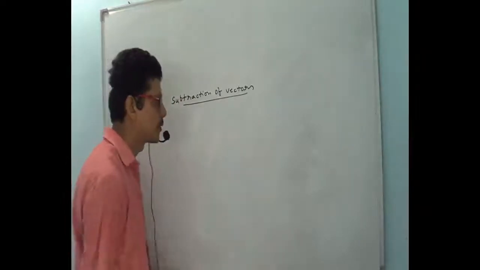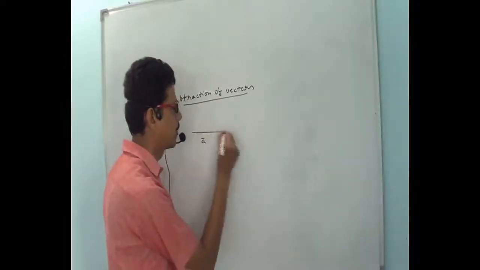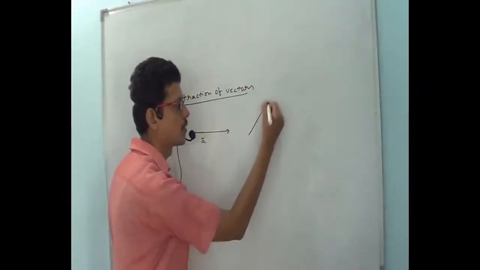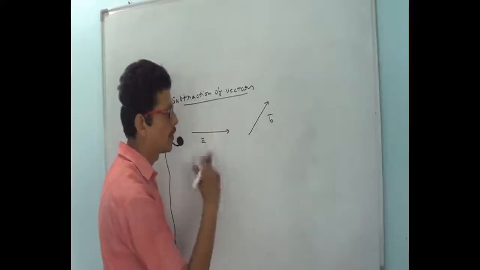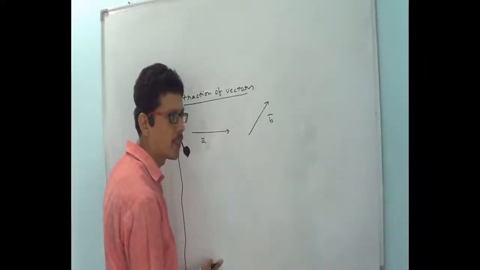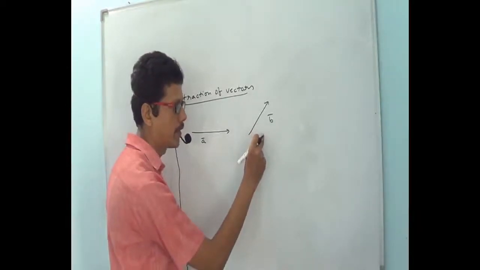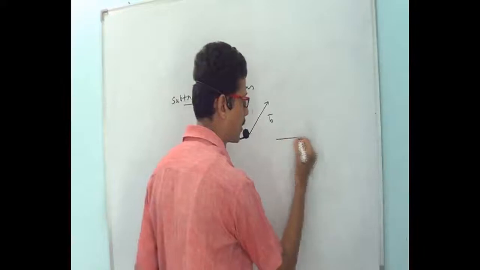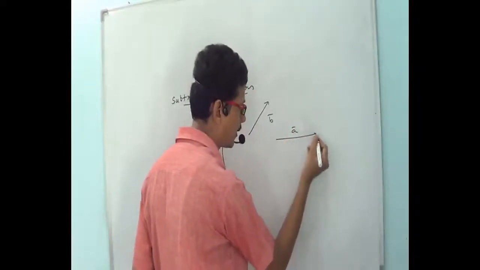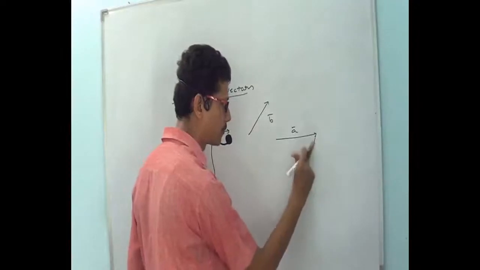So I need to subtract two vectors. A bar is like this and B bar somewhat like this, and I have to subtract these two vectors. What I need to do is take the negative of this vector and add it with this. So this is A bar, and the negative of the vector will be just opposite in direction but the same magnitude.